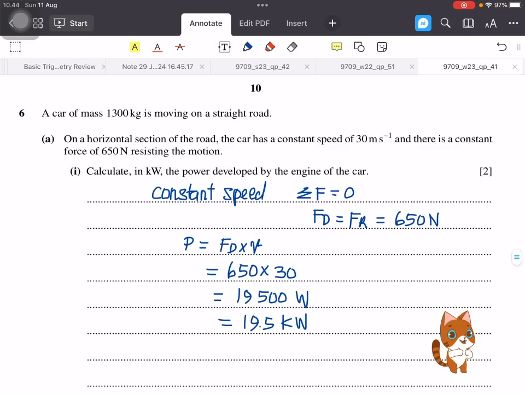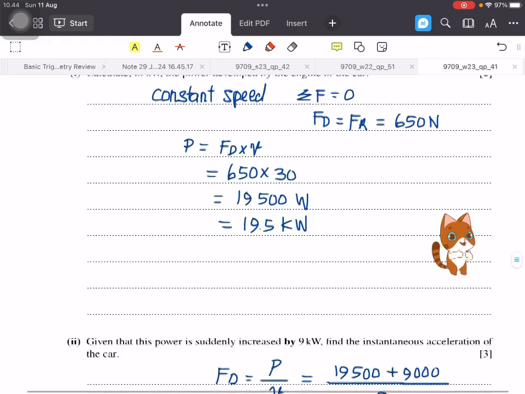To find power, we can use the formula P equals driving force times V. So it's equal to 650 times 30. The answer is 19,500 watt. Or we can convert into kilowatt. It becomes 19.5 kilowatt.